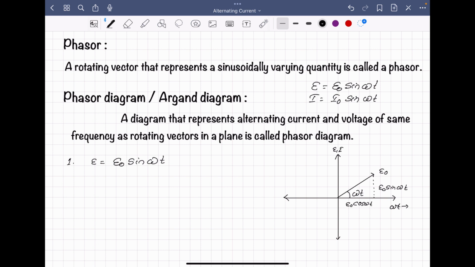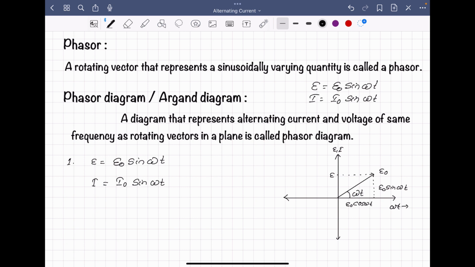This is our E, which is equal to E naught sin omega t. Then we have I. Let I also be I naught sin omega t. Then how can we draw this? Both E and I are in the same phase.